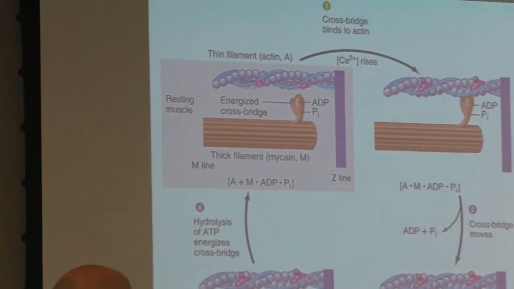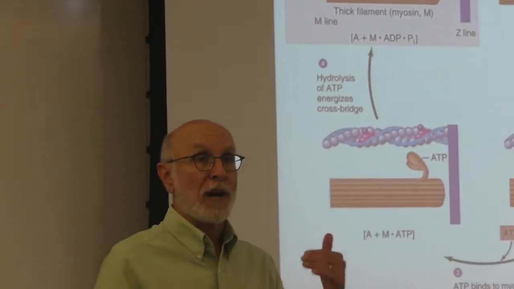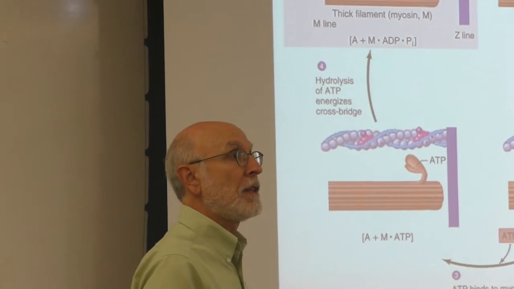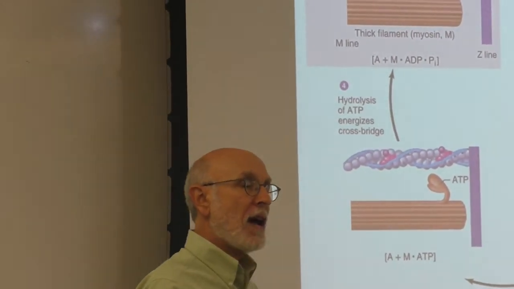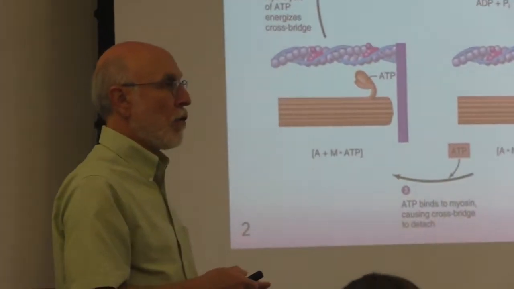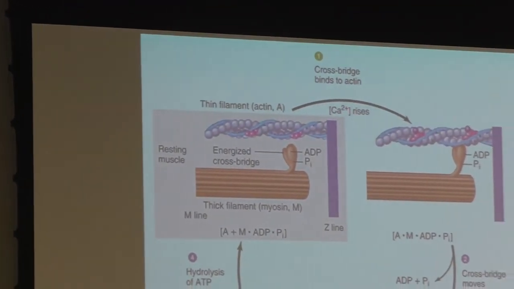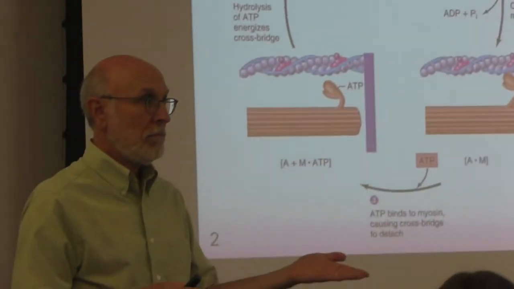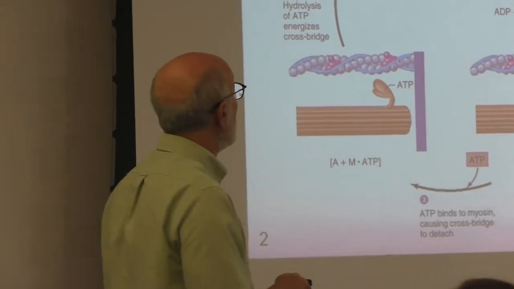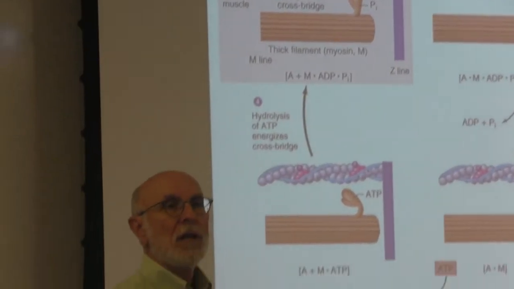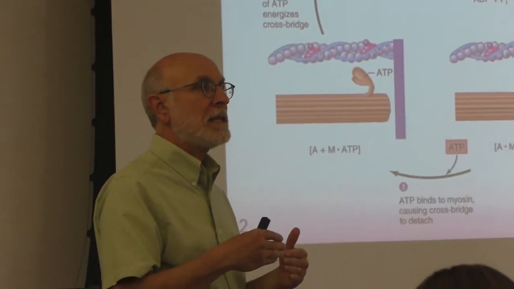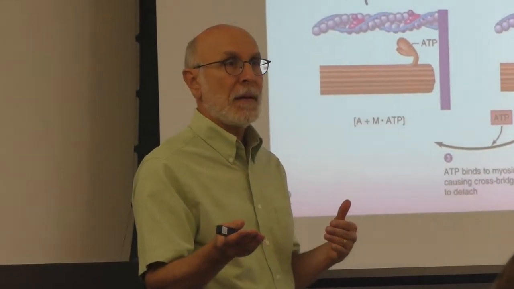When calcium rises, and we'll talk about the triggers for calcium rise in just a few minutes, the calcium rise is the trigger for contraction. Intracellular or cytoplasmic calcium rises. Calcium binds to troponin. Conformational change. Troponin and tropomyosin get out of the way.